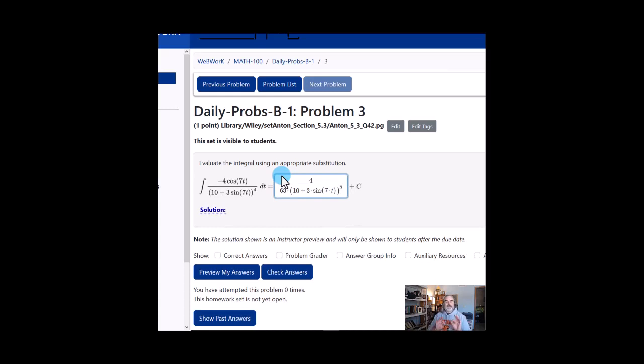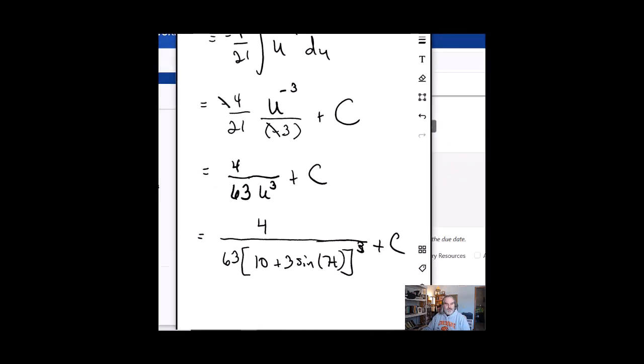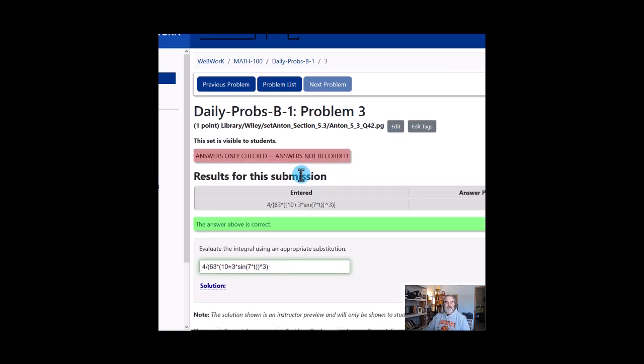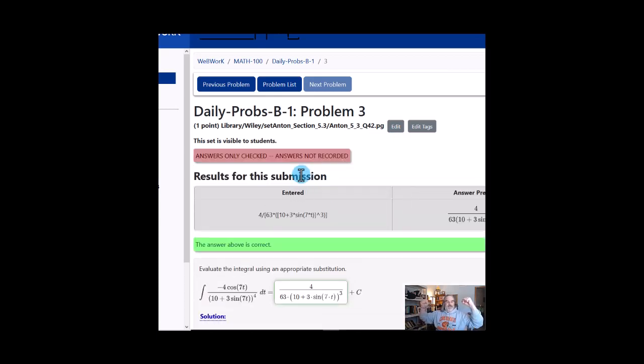I put in my multiplications explicitly just to make sure that there's no confusion over what's what. Okay, I'm double checking back and forth. 4 over 63, 10 plus 3 sine 7t cubed. Okay, cross your fingers. Yes, green. Green is good.